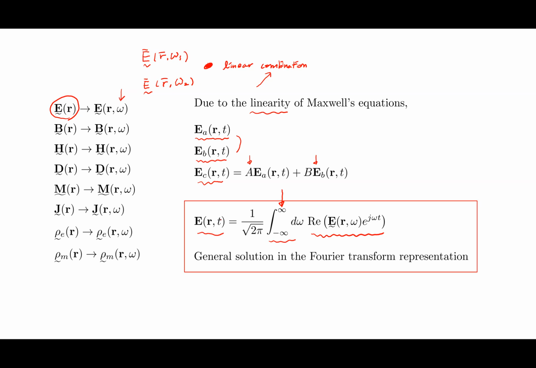I'm not going to cover the details about this Fourier transform representation. You can look into the lecture book, maybe updated today. It's very similar to the phasor technique. So you can look into that lecture book.